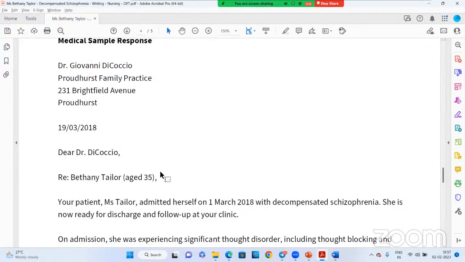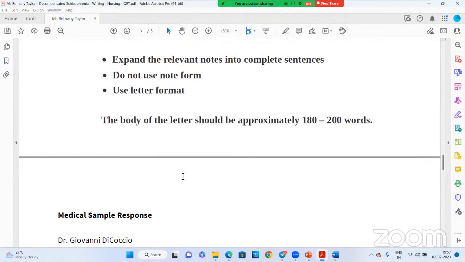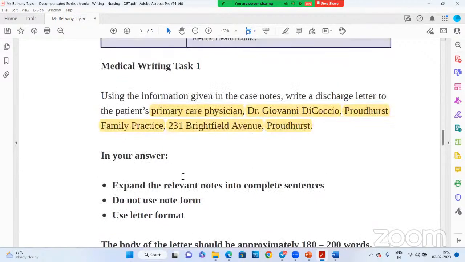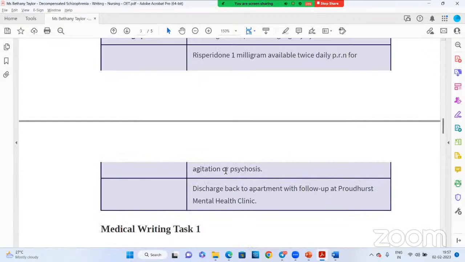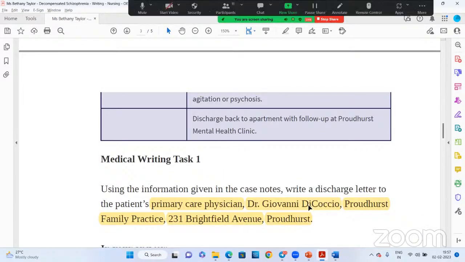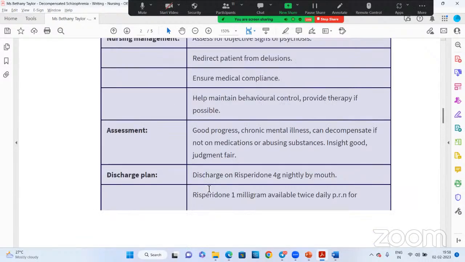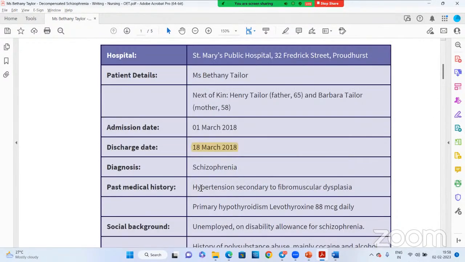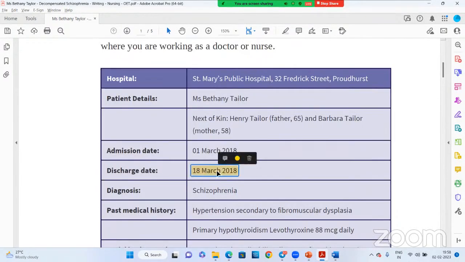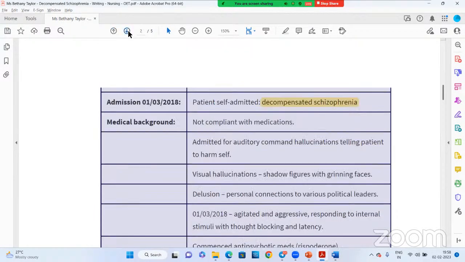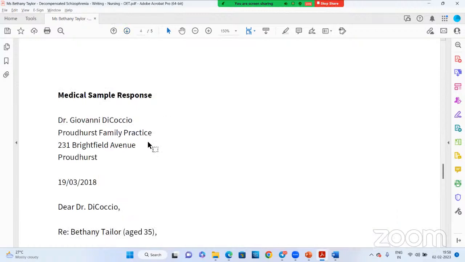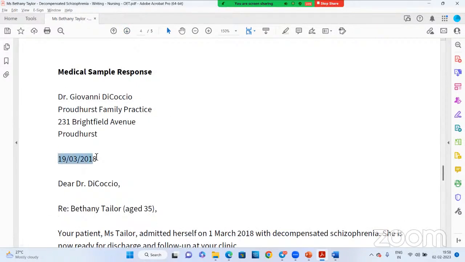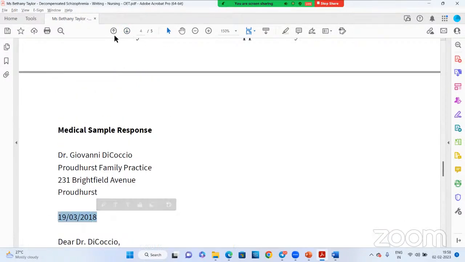How can you write a letter after discharge? There is something wrong here. The discharge date is very clearly given as 18th March. So we have some problem here.